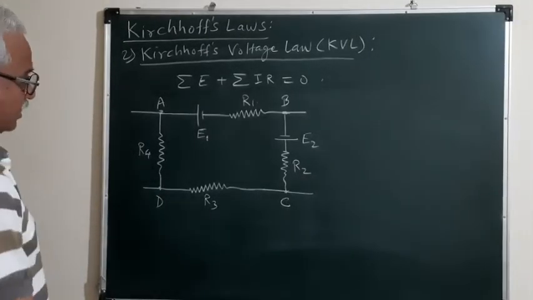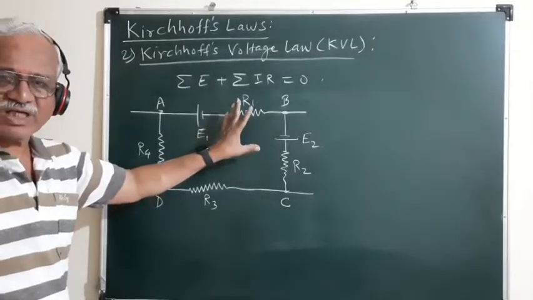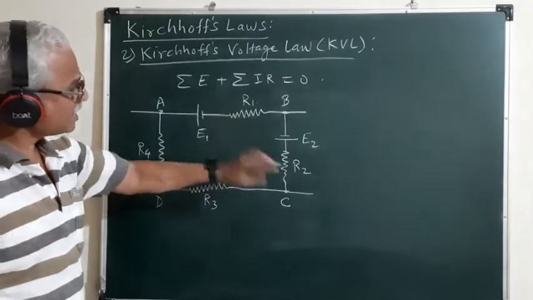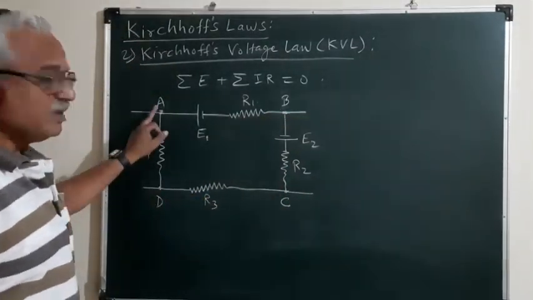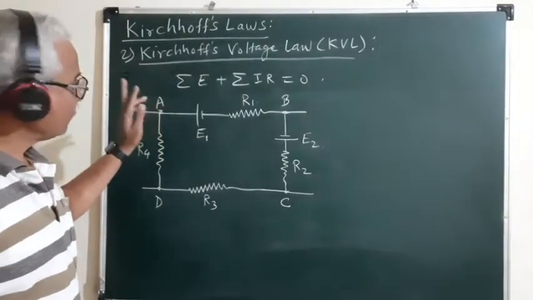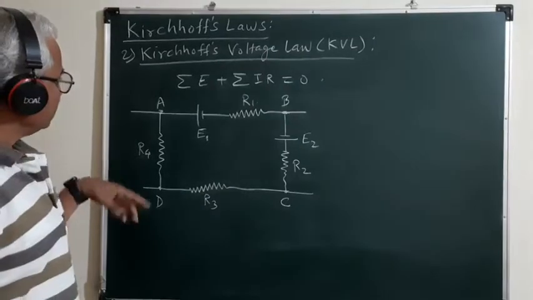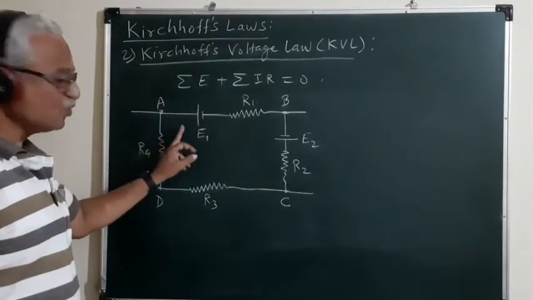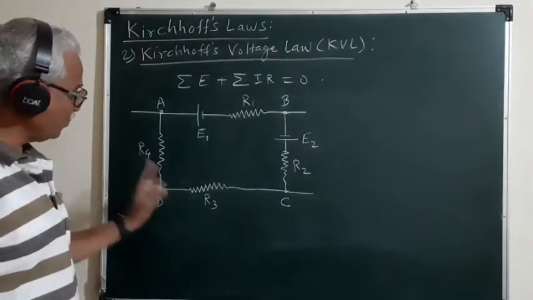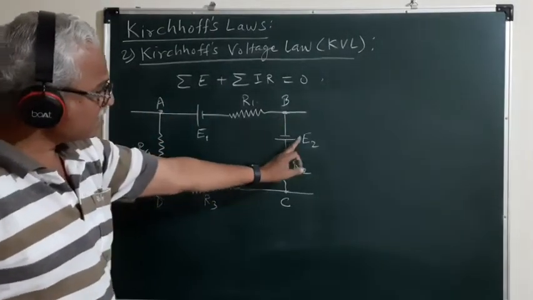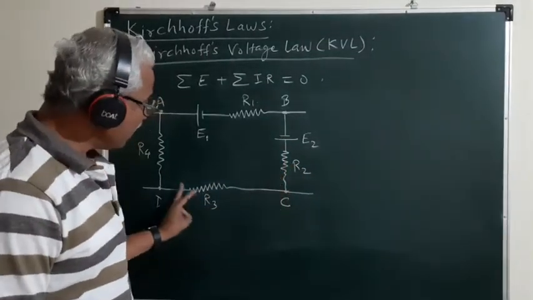Now, it is not that we have only this much given network, but as well there are certain branches bifurcating from these points A, B, C, D, so that whatever the current is sent by the source E1, it is not that all that current flows through R4 or R3, or whatever the current is sent by the source E2, all that current flows through R2 and R3.